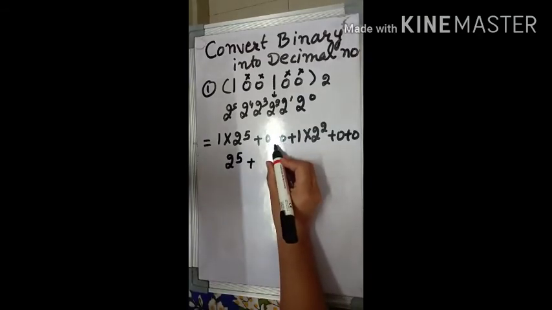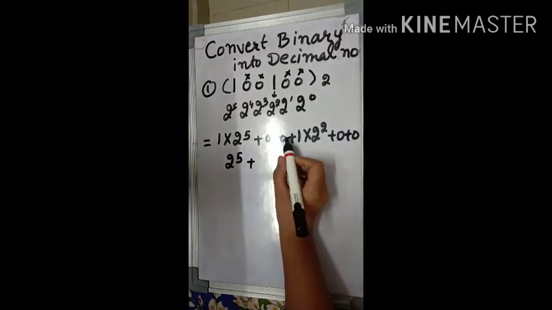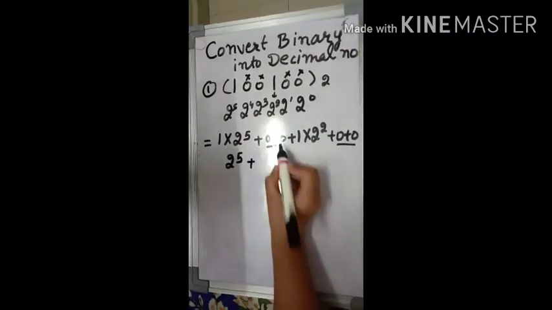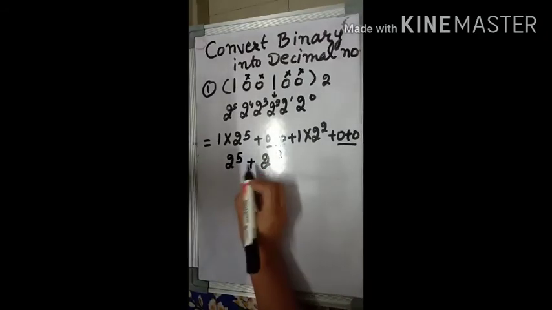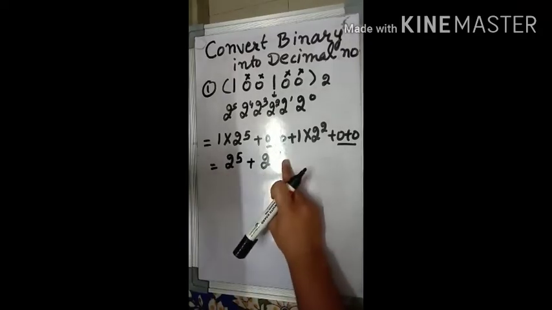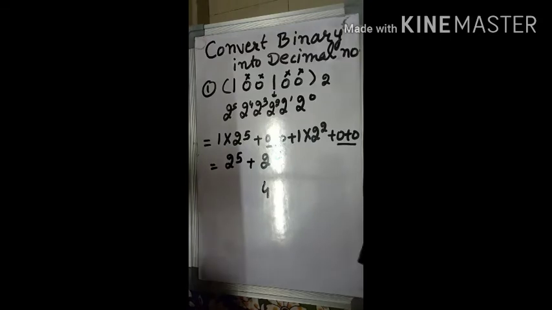Either we write 0 or we skip it, it doesn't matter, because whenever we add 0 to any number, that number will not change at all. So I am skipping these zeros. Here I am writing 2 raised to power 2. So these two numbers only we need to solve now. 2 raised to power 2 means 4, as you all know, right?